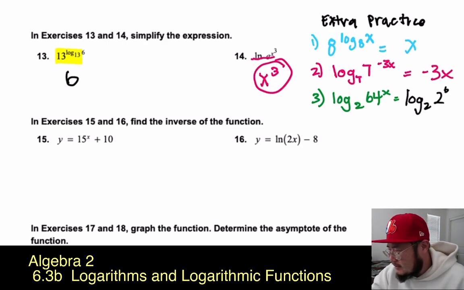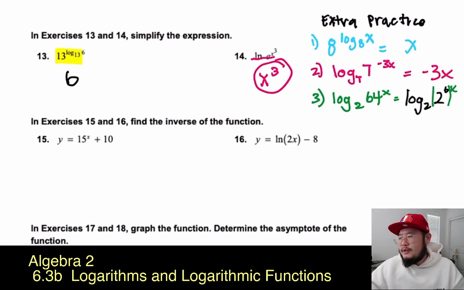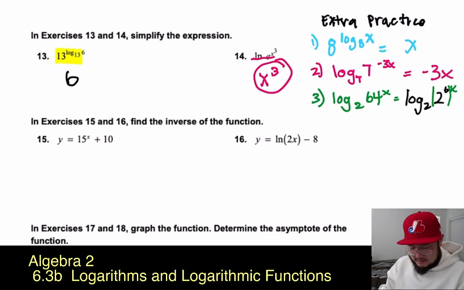That does not disappear, and that will be up at the exponent. So how about now? Because the base happens to be the same as what it is of, when I raise a power to a power, I multiply. And so all of this now simplifies down to 6x. Your answer.